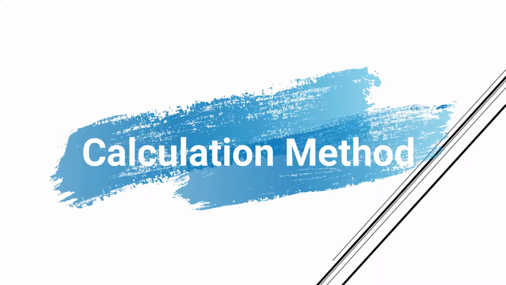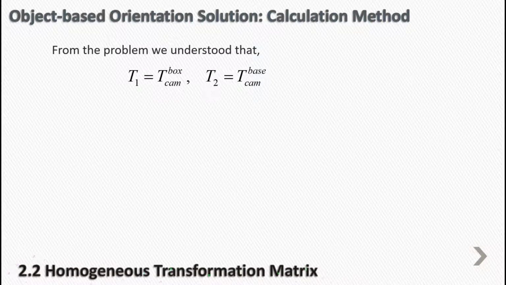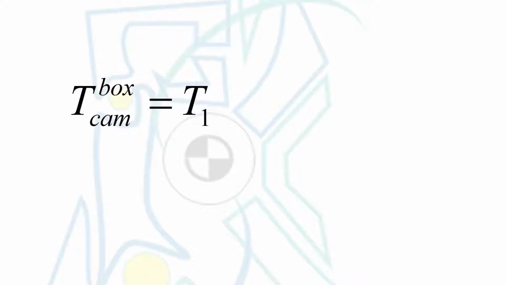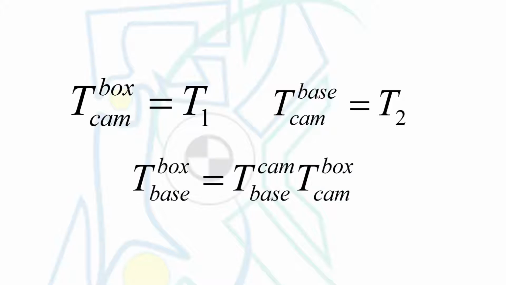Using the calculation method, we have an equation as I mentioned previously, where T1 is cam to box for our situation according to the problem given, and T2 is cam to base. We want to get the base to box matrix, which can be calculated by multiplying T2 inverse with T1. Why inverse? Because when we invert T2 we get base to cam, and when base to cam is multiplied with cam to box, we get base to box.